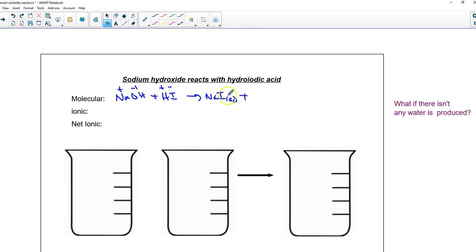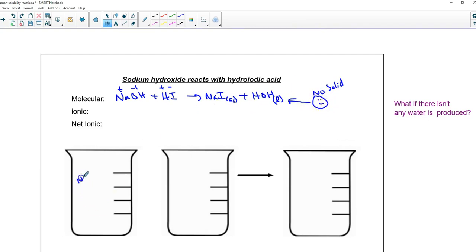Plus HOH. You'll notice that HOH is just a fancy way of writing water, and we want this to be a liquid. So there's no solid being produced. But do we have a new substance? And the answer is yes. Water is our new substance.